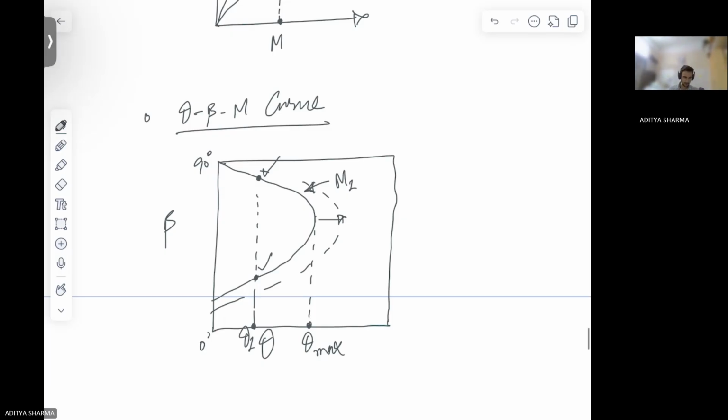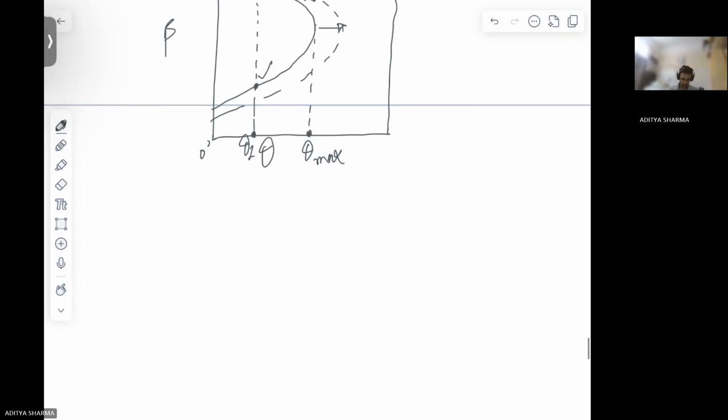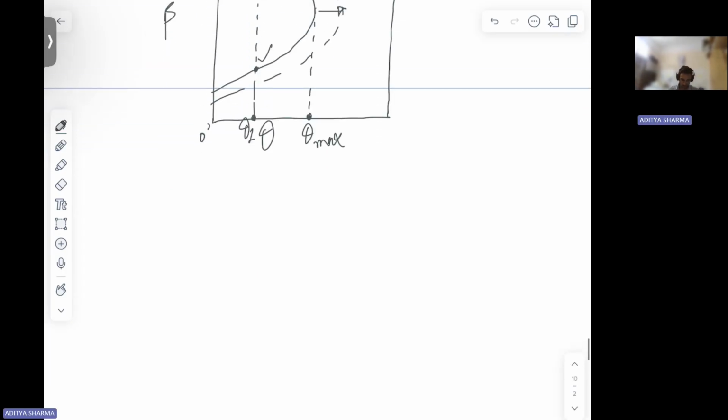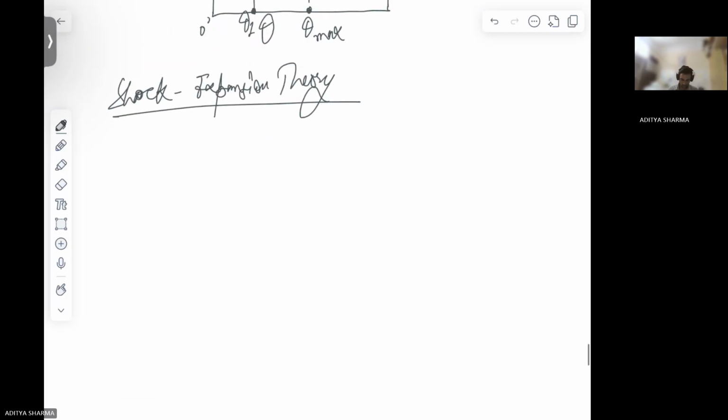Your shock expansion theory is used in your diamond airfoil. Okay, so this is Mach M1 greater than 1.